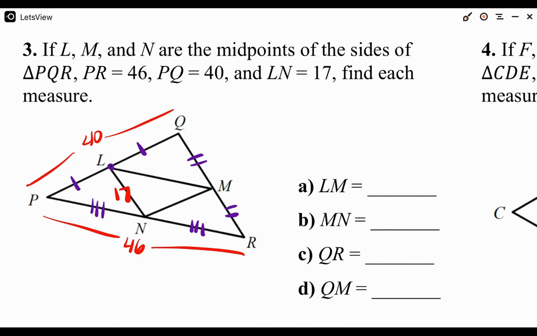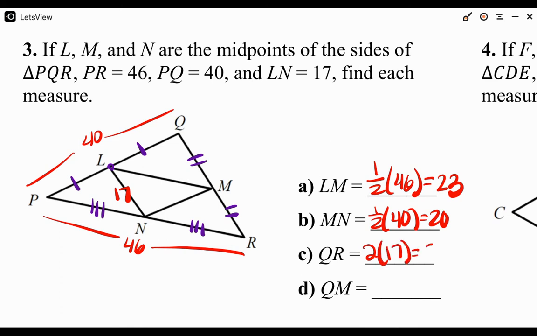So LM is equal to half of 46, which gives us 23. MN is equal to half of 40, which gives us 20. QR is going to be equal to 2 of LN, so 2 times 17, which is 34.